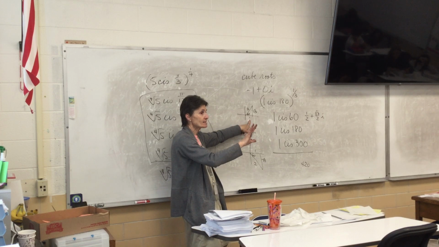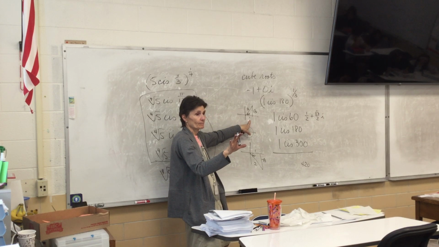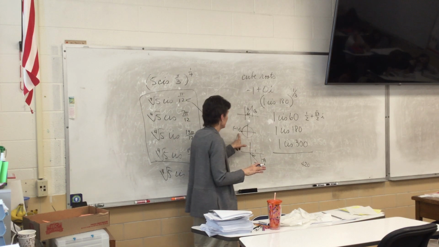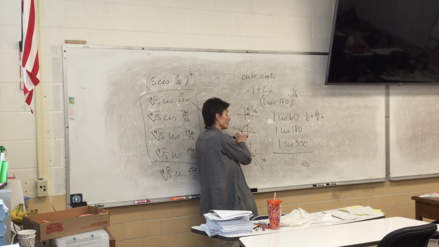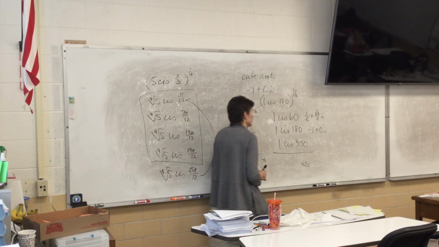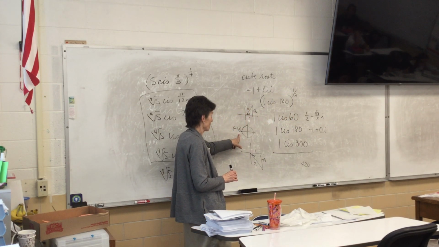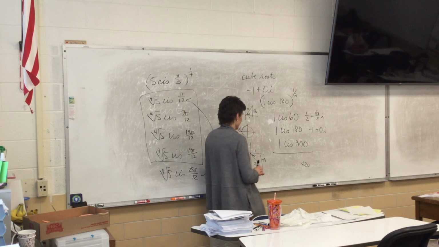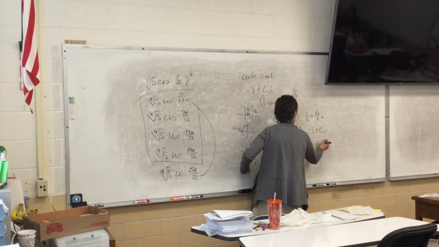Am I going too fast? 180 is on the circle. So cosine is -1, sine is 0. Cosine's 1/2.